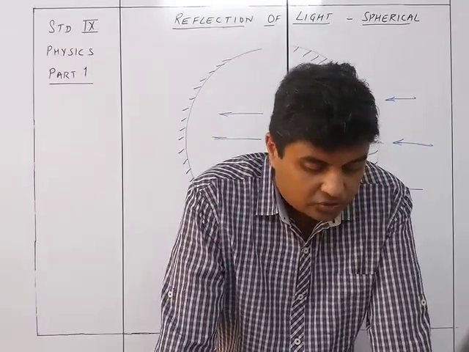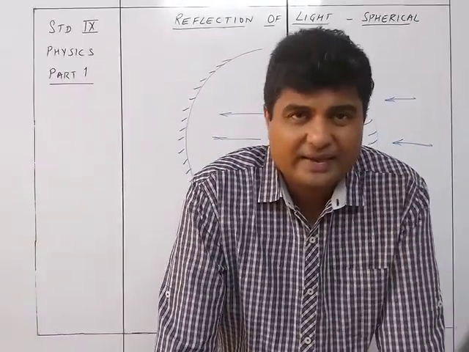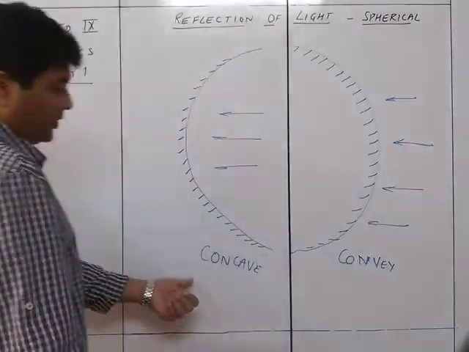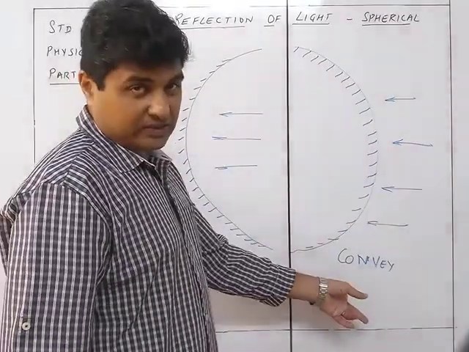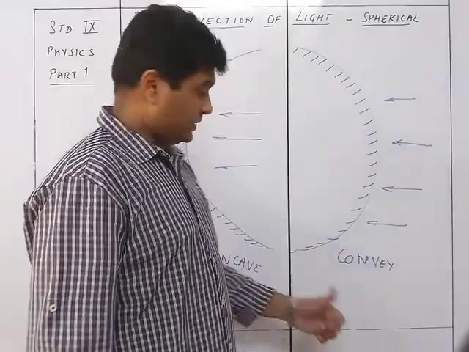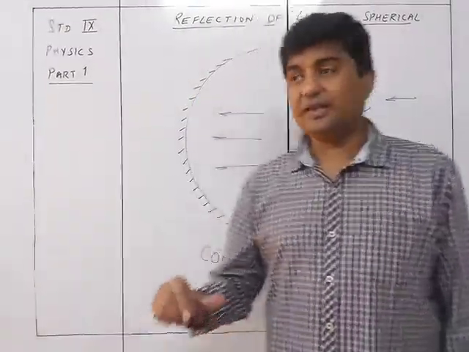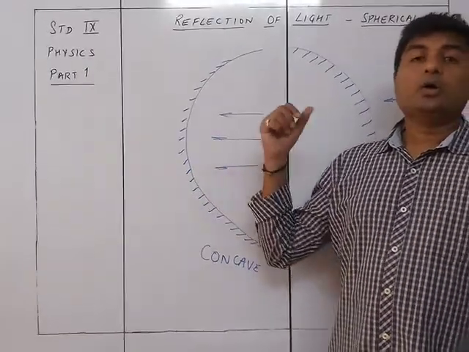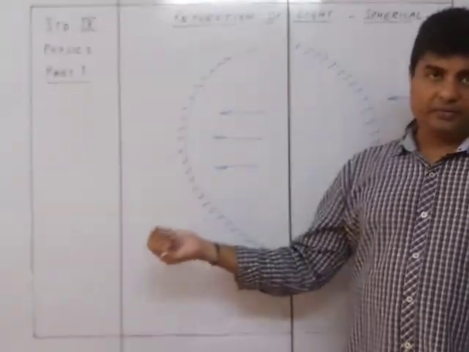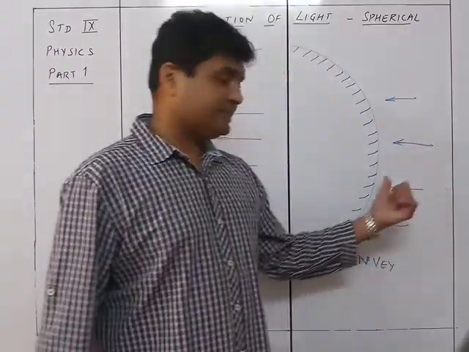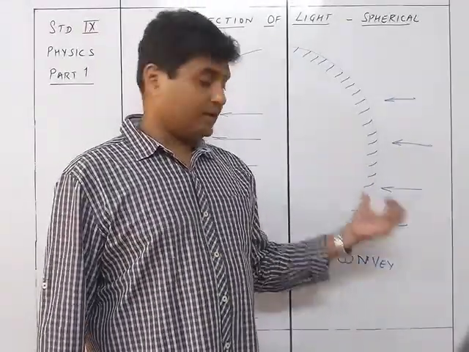So this was about the convex and concave mirror. If the reflecting surface is inner, it is concave, with coating outside. If the reflecting surface is outside and the coating is inside, it is convex.